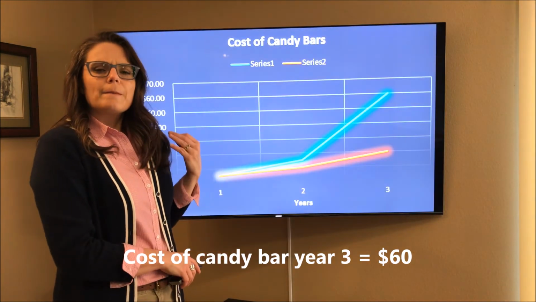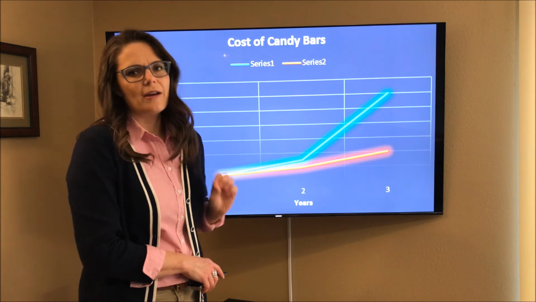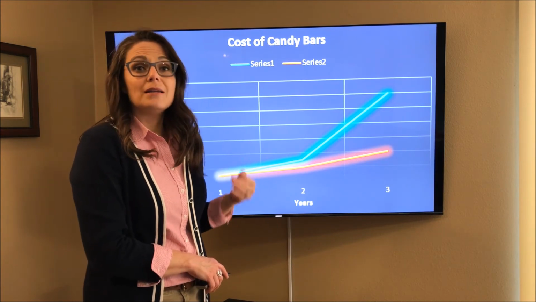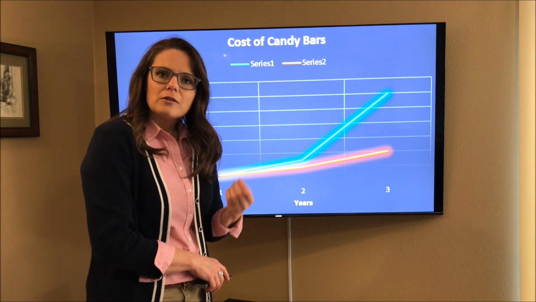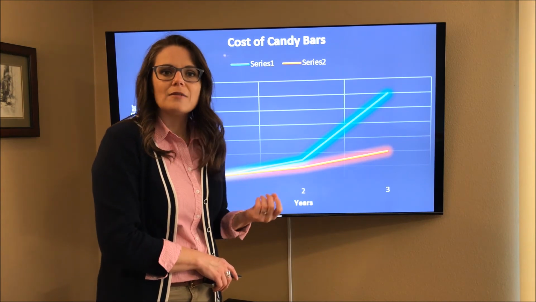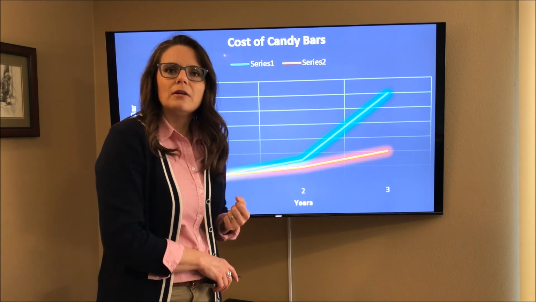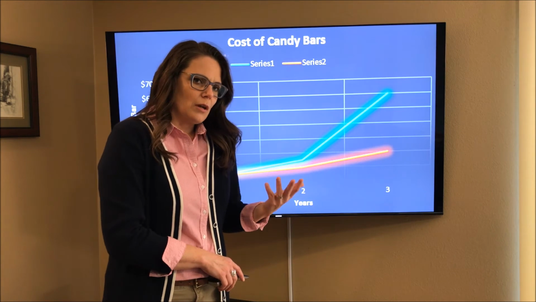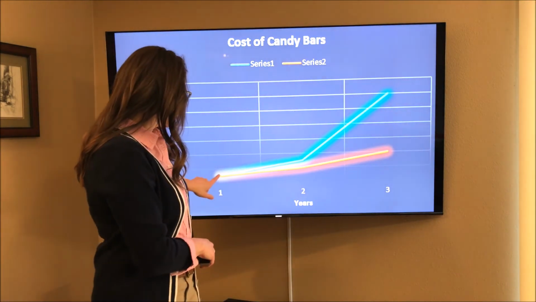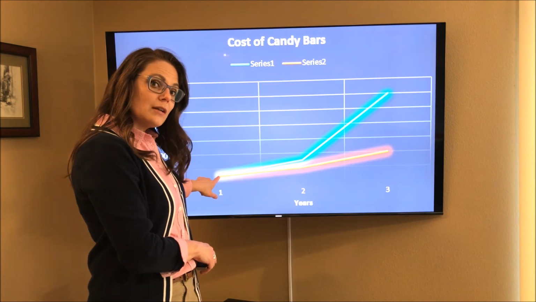Now, we're going to see what the relative price of the goods should have been based on the money supply. Remember, our money doubled every year, so it would make sense that the prices of the candy bar would also double every year. So if that's what we were going on, then the first year would have paid $5 for a candy bar, which we did.